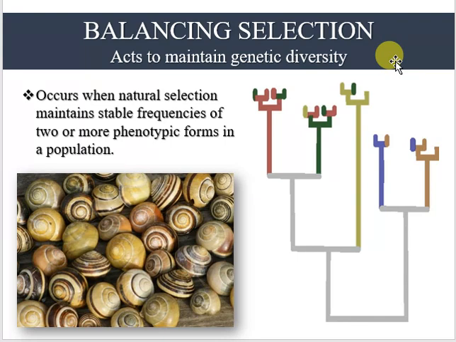This is what accounts for the rich diversity of shell patterns in grove snail species. The major mechanisms for preserving polymorphisms, there are two of them, include heterozygote advantage and frequency-dependent selection.